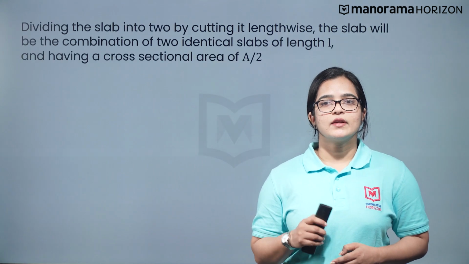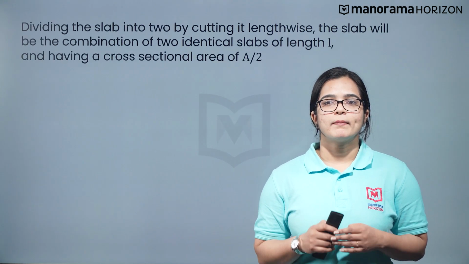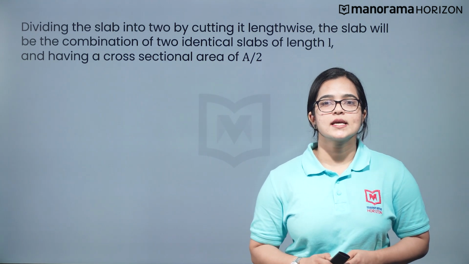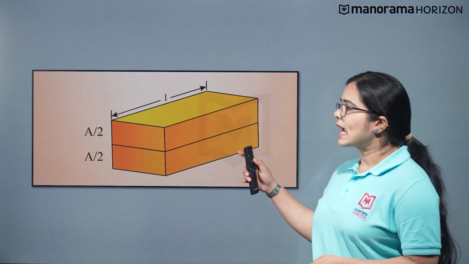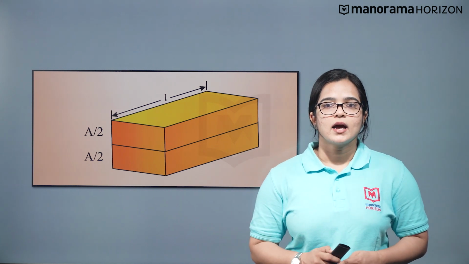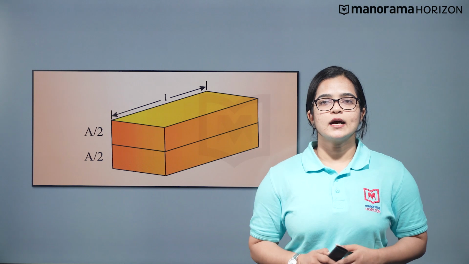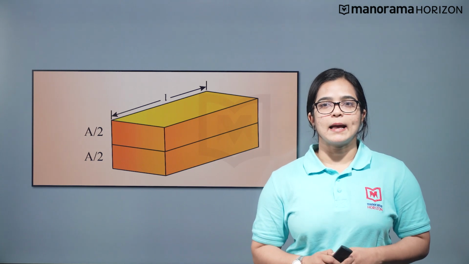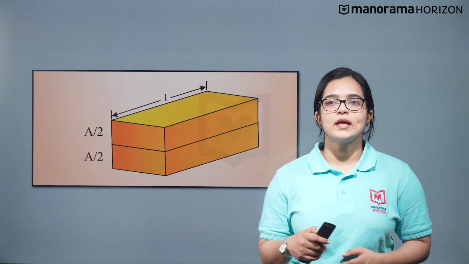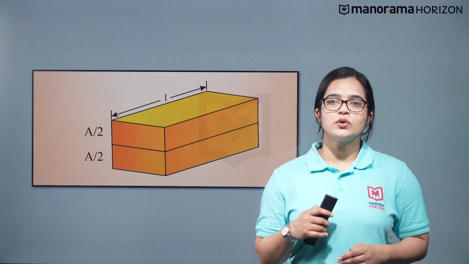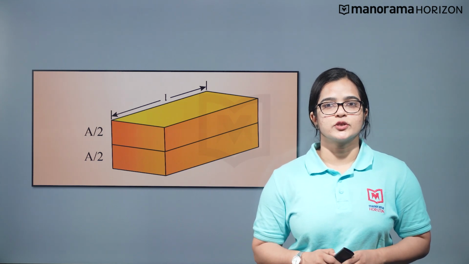Next, imagine dividing the slab into two by cutting it lengthwise, so that the slab can be considered as a combination of two identical slabs of length L, each having area of cross section A by 2. Here, for a given voltage V across the slab, if I is the current through the entire slab, then clearly the current flowing through each of the two half slabs is I by 2.